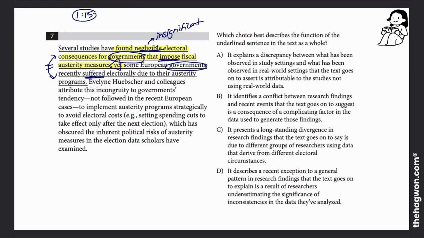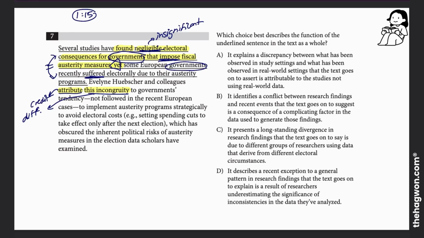So some researchers attribute this incongruity. Attribute means to credit, and incongruity means difference. So the words I'm actually defining here are words that we should know for the SAT. So they're crediting this difference to what?